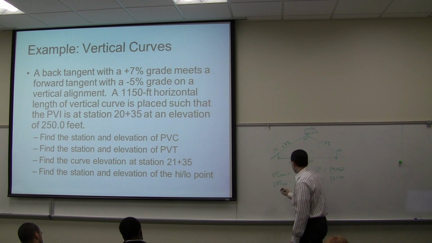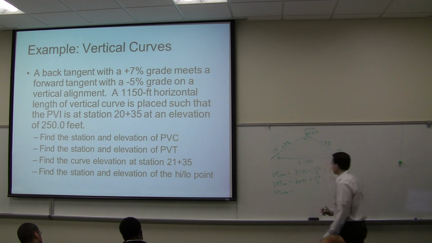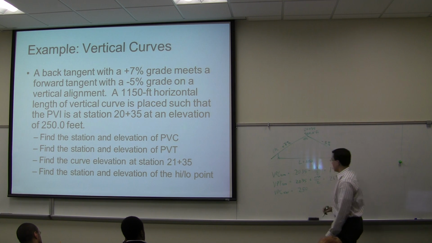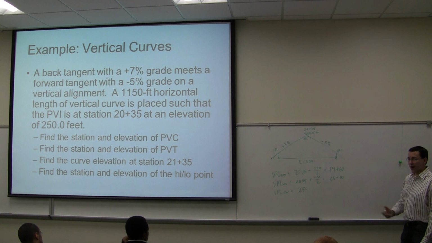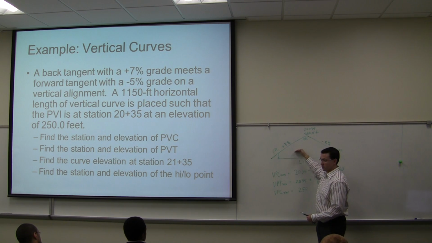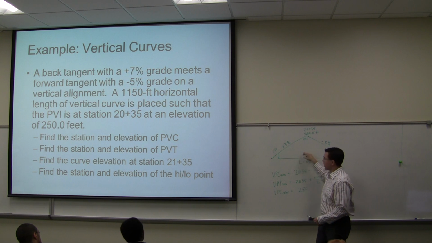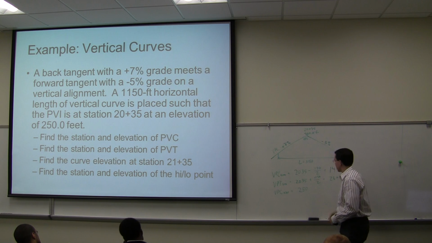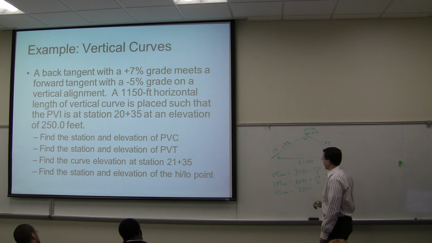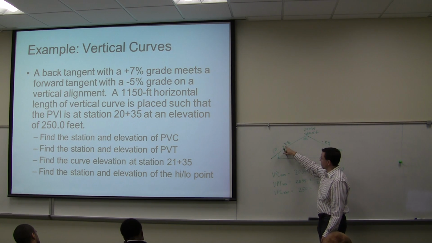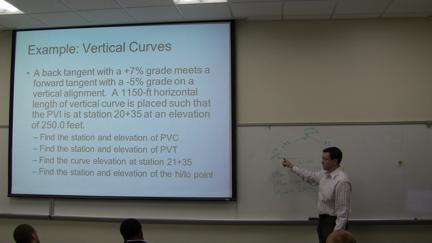So now what about the VPC elevation? Our starting point is definitely our 250 at our VPI. Now, are we going to be subtracting this term or adding this term? The VPC elevation definitely needs to be below. So we can forget about the signs on these because I think that's more confusing. We just know we're going to be subtracting whatever that vertical offset is. That vertical offset is going to be minus our grade times this distance.